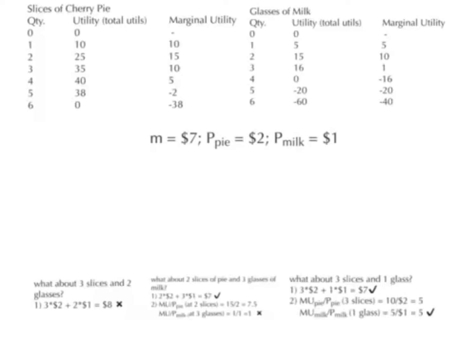Okay, so we're going to assume that we have $7 worth of income to spend, that the price of pie is $2 a slice, and that the price of milk is $1 a glass. And again, we're going to need to satisfy both of our conditions in order to find an optimal allocation. Now, unfortunately, we are unable to use calculus-based techniques for utility maximization, which is, in reality, actually the simplest way to do it.